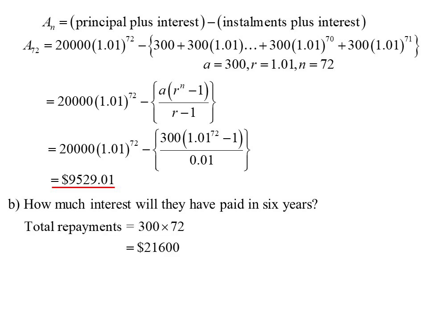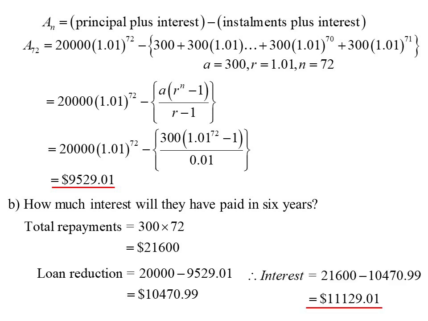So how much interest have they paid in those 6 years? Well, they've made 72 repayments of $300. So they've given the bank $21,600, but they borrowed $20,000, remember, and they still owe $9,529.01. So $20,000 is what they borrowed, $9,529 is what they still owe, so $10,470 is basically what they've reduced the loan by.